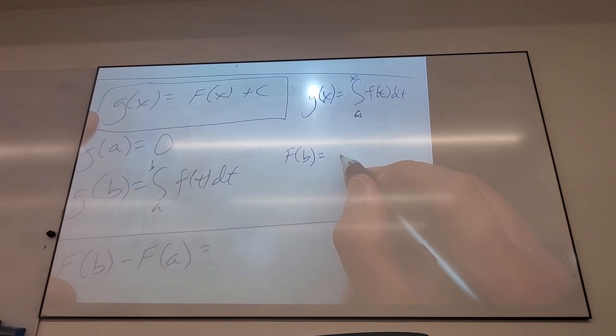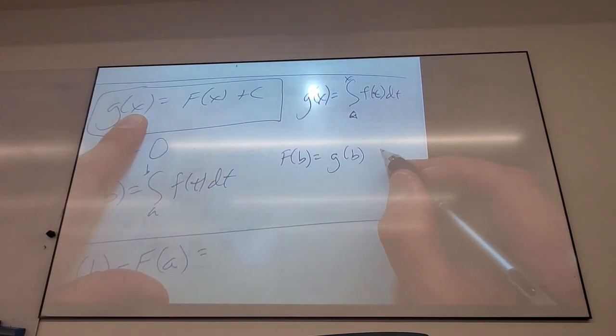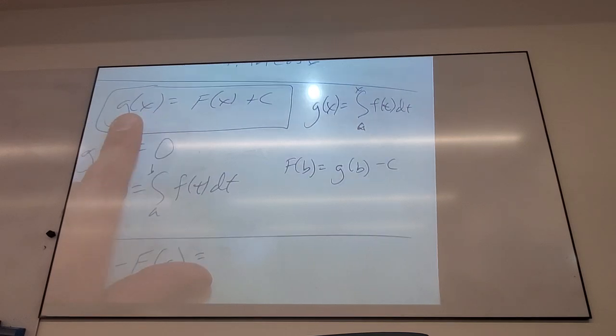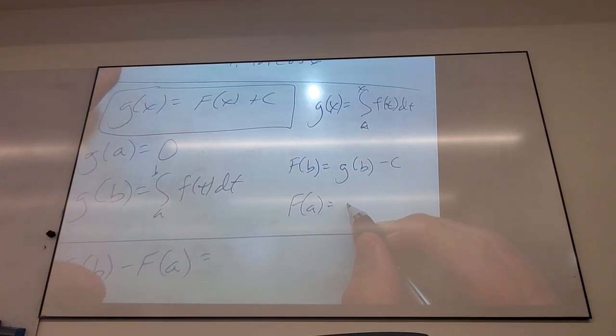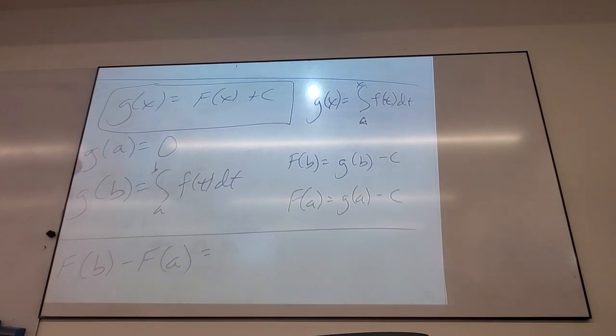Wouldn't that be g of b minus c? Is that cool? You guys with me? Do you see what I'm doing? F of b would be g of b minus c. What would F of a be? G of a minus c, is that cool? Okay.